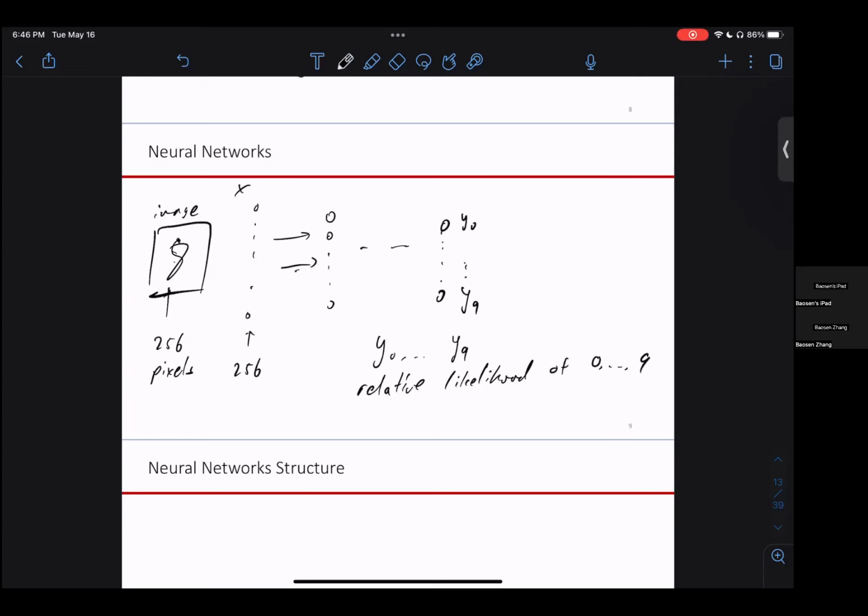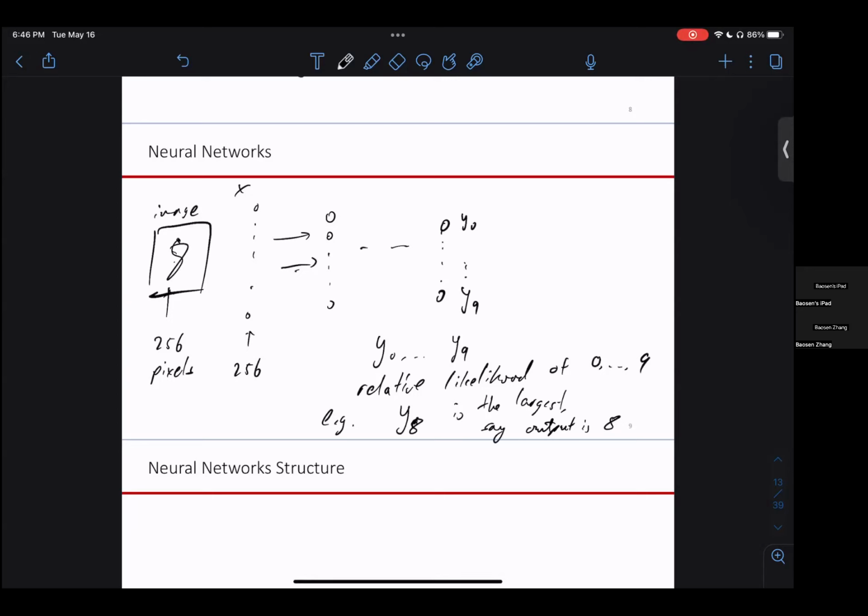You have 10 real numbers, and one of them will be larger than the others. You pick the largest one and say that corresponds to your input. For example, here Y8 is the largest, so the output is 8.